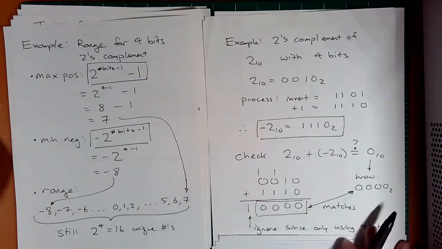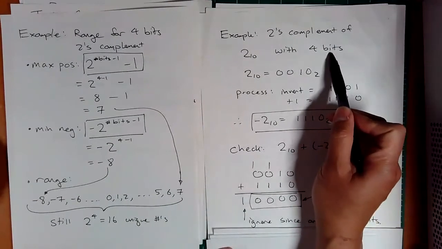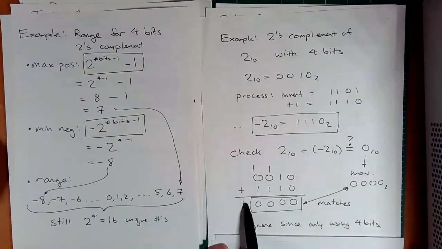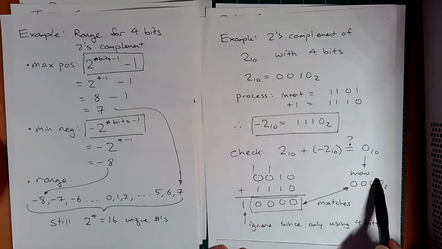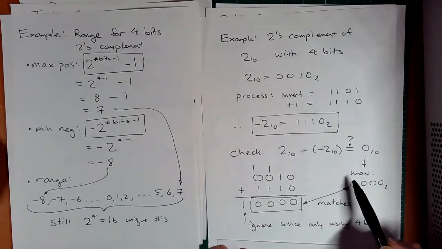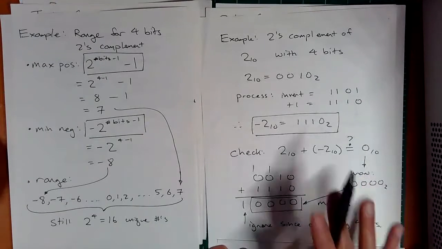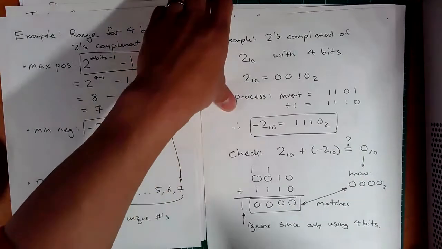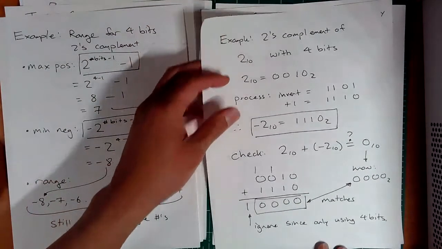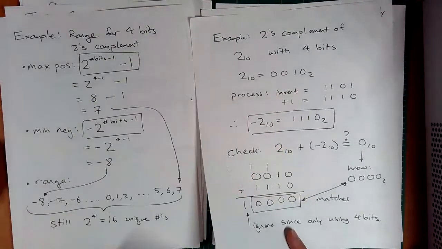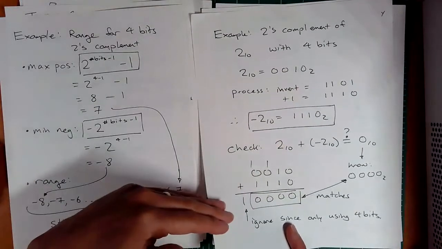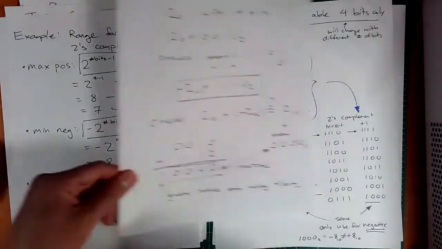Now, here's the reason why defining 4 bits or the number of bits is so important, because look, I have an extra 1, but I'm going to ignore it since I'm only using 4 bits. And check this out. I get 0, 0, 0, 0, which is matching our intended result. Okay, so good. This is highlighting how we can first get 2's complement, and how do we use 2's complement, and why the number of bits is so important.